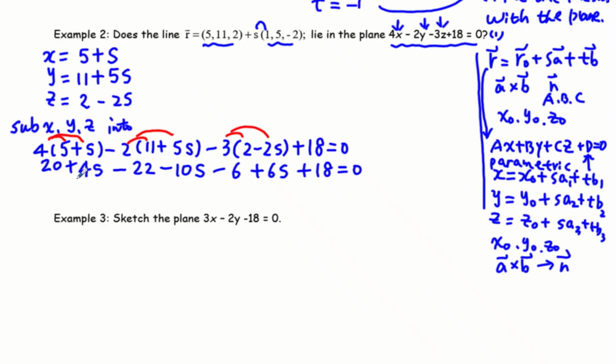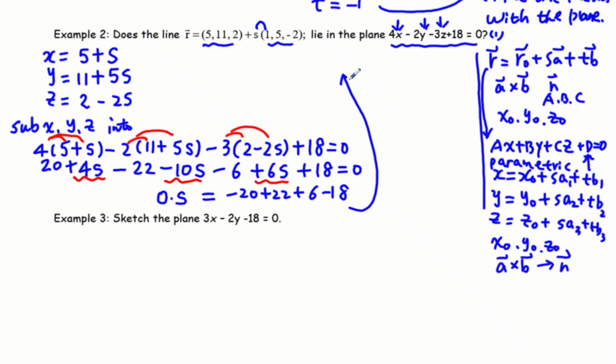Then we are going to collect the like term s. You will see 4s minus 10s plus 6s gives us 0 times s. Then move the numbers to the other side: negative 20 plus 22 plus 6 minus 18.